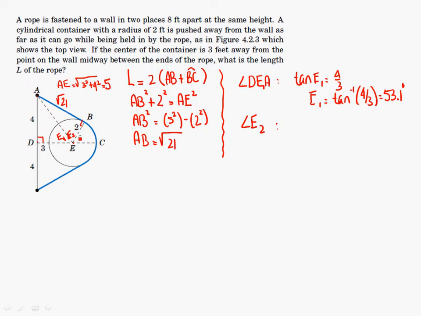Looking from E2, you have an opposite and an adjacent, so you can use what again? Tangent. Right. So the tangent of E2 would be the square root of 21 over 2. So E2 is the inverse tangent of that.